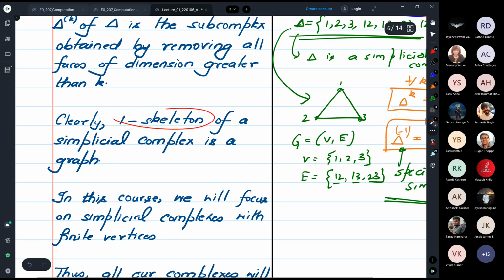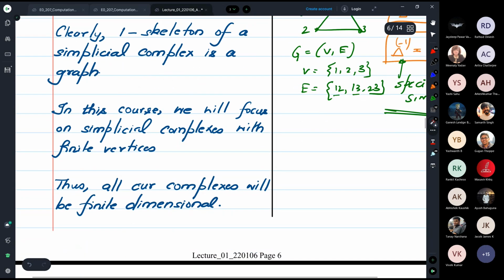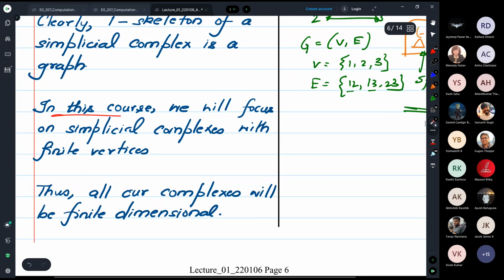I hope you agree that whatever the simplicial complex, its 1-skeleton can always be viewed as a graph. And here is a disclaimer. Throughout this course, we will only focus on simplicial complexes with finite vertices, so that all the faces can be viewed as subsets of a given vertex set with finitely many vertices.